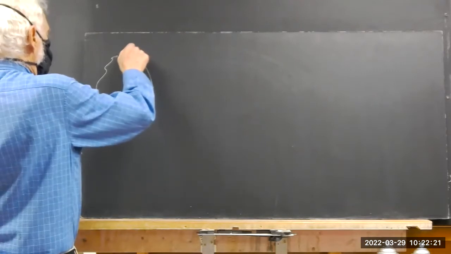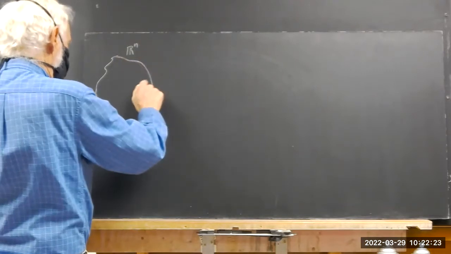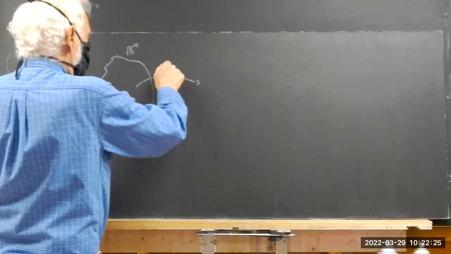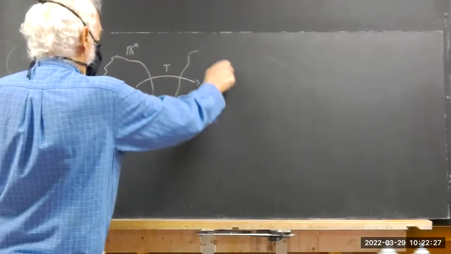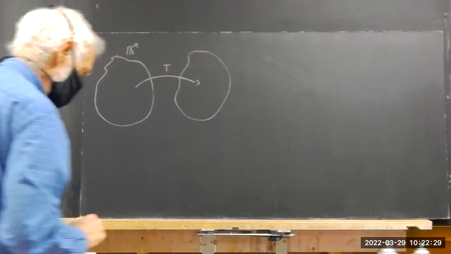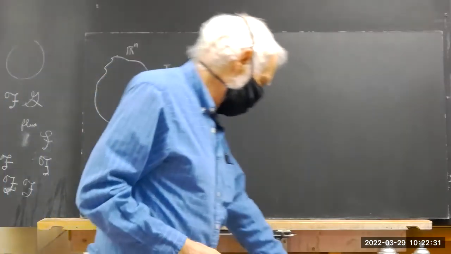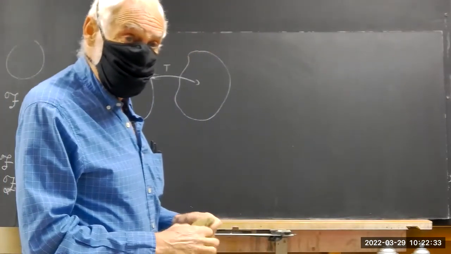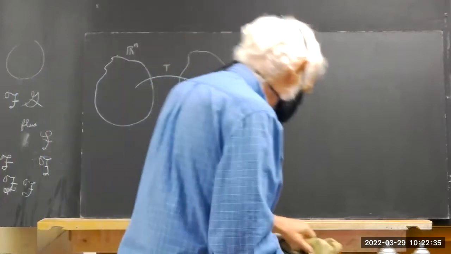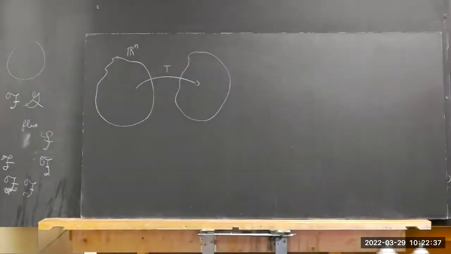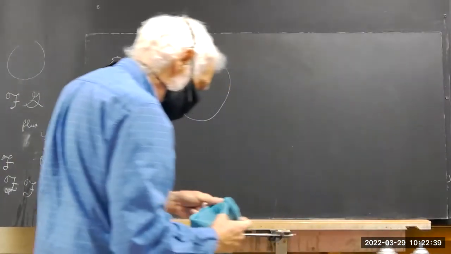So we've got like Rn and some transformation. I don't want to use T because I want to use the transpose. I'm going to use A that we think of as a matrix. It's a linear transformation defined by a matrix.